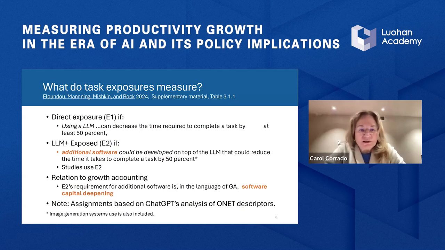What was interesting to me and my co-authors in our growth accounting approach is the general idea of what goes into the E2 measure, which is what's used in the task studies. They're telling the ChatGPT prompt, asking it if additional software could be developed on top of the LLM that could then reduce the time to complete a task.